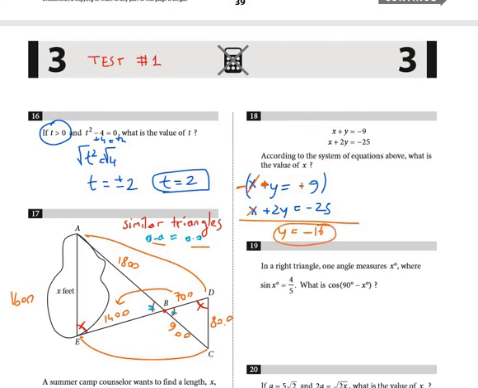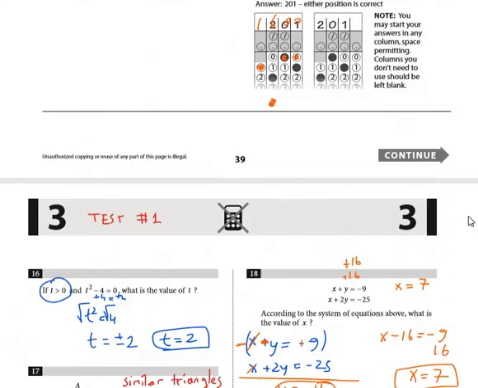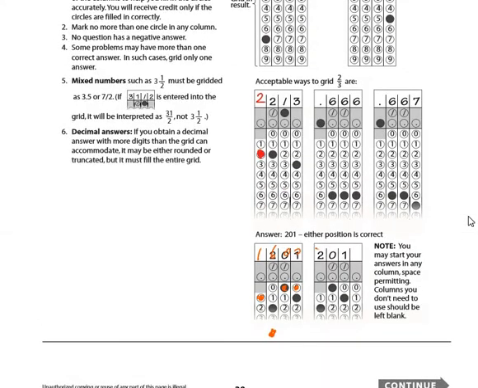Y is -16, so if y is -16, then x minus 16 equals -9. I add 16 on both sides, so I obtain x equals positive 7. That's correct. So again, you're going to go to your answer sheet, write 7 here and bubble in 7 here.